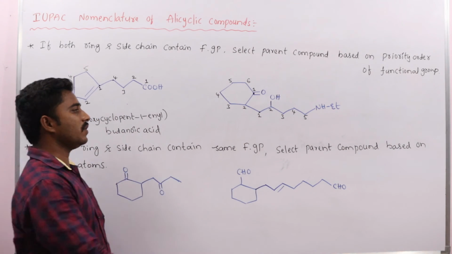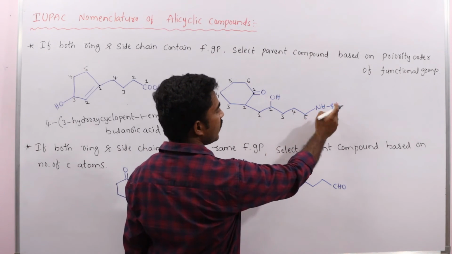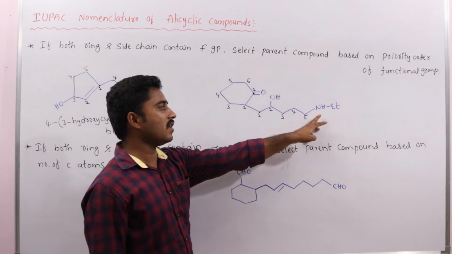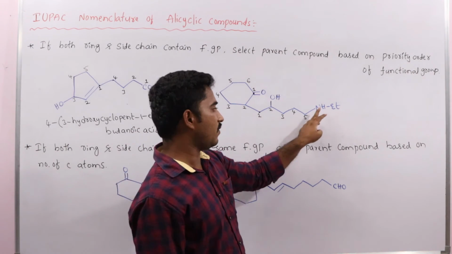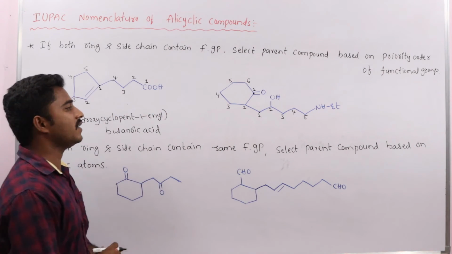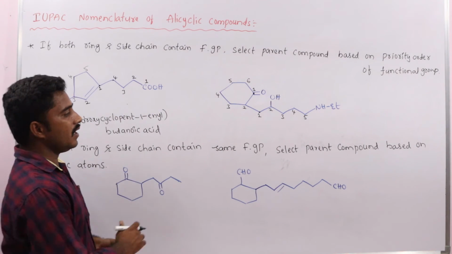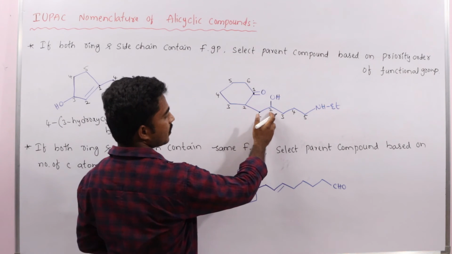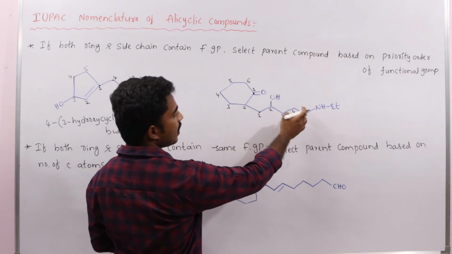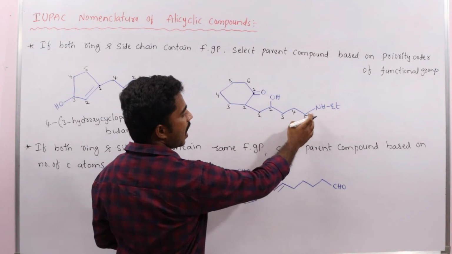Okay, at the fifth position, NH with an ethyl group is there. That's why we have to call it aminoethyl. At the fifth position, aminoethyl is there. So write the substituent name first. Here how many substituents are there? 2, OH and aminoethyl. So which one will come first in alphabetical order?